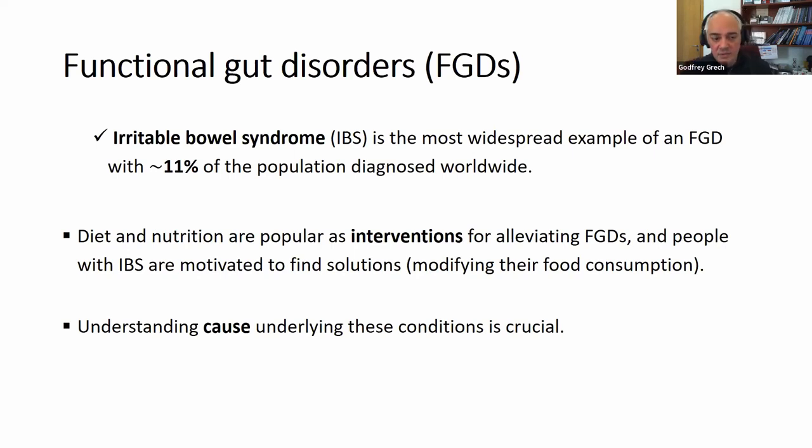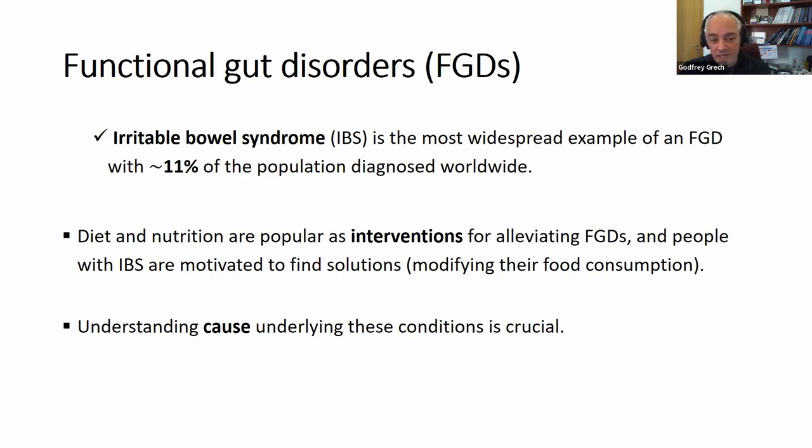So if we take the irritable bowel syndromes, IBS, it's reported that 11% of the population is diagnosed worldwide with IBS. It is important to understand the cause, and that's why today the measurement of gut microbiota became extremely important on the preventive side.